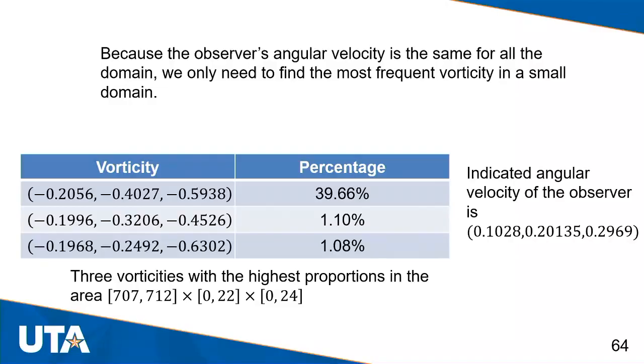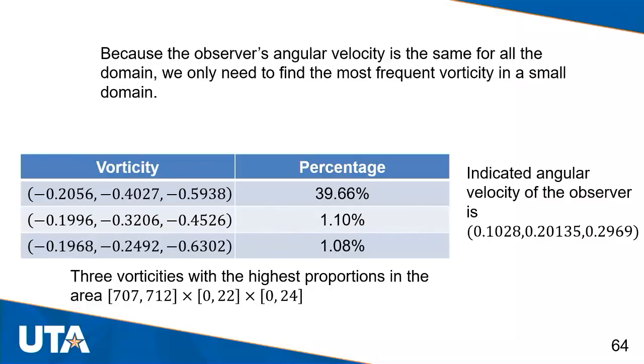In this small domain, you can see we do have a dominant vorticity vector, right? The most frequent vector accounts for around 40%, but the second most frequent is only 1.10%. By comparing the percentages, we can distinguish the point we need, and we apply the theorem. This times 1/2 is the observer's angular speed.